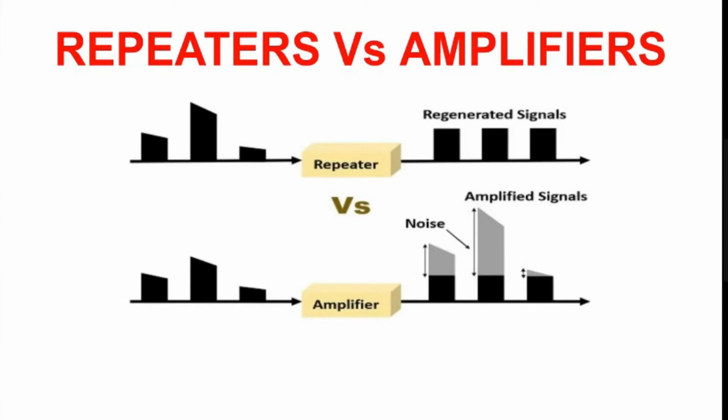But in the amplifier, the corrupted or weak signal is boosted up with some other frequency. So what happens in the amplifier is that noise, an amplified signal or attenuation may occur. These problems occur when you boost up the original signal, right?